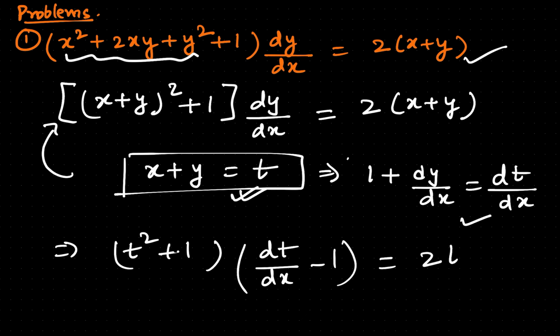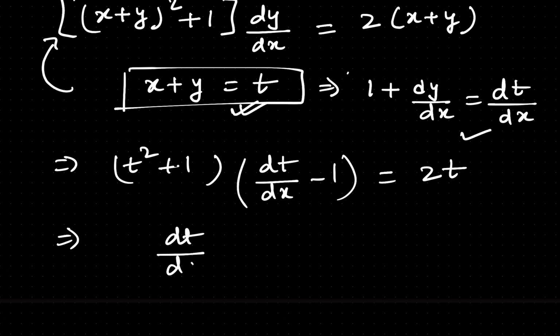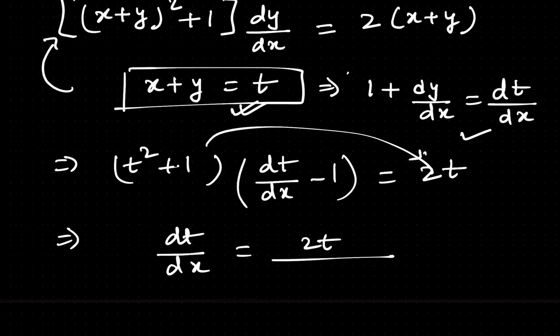is equal to 2t. So now further simplifying this, dt by dx you will get equal to, take this on this side, so it will go in the denominator, and take this minus 1 also on the RHS side, it will add up.